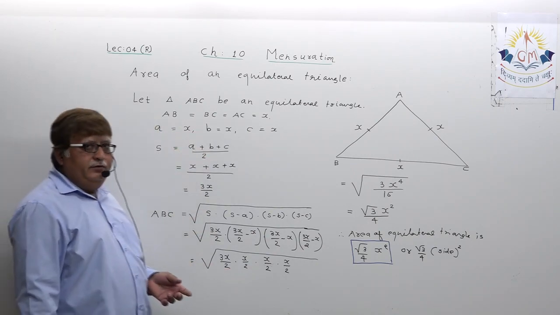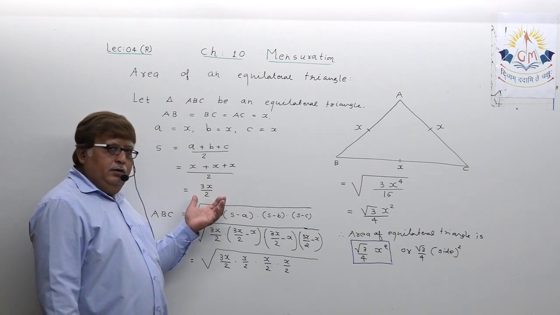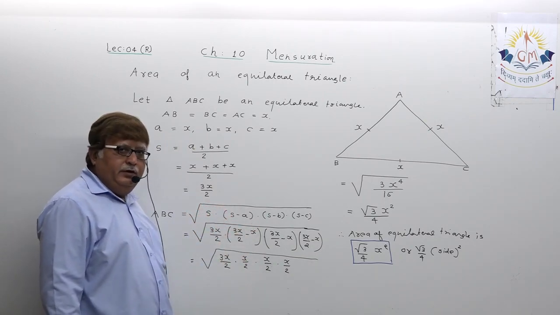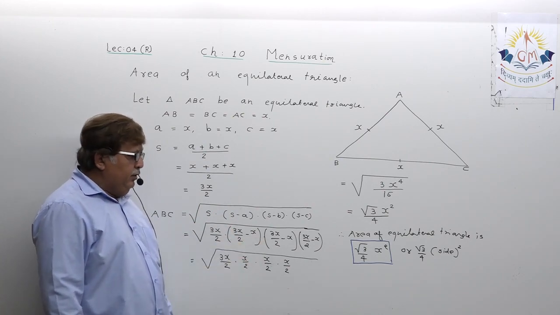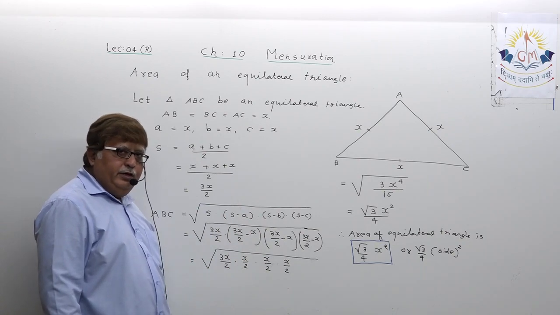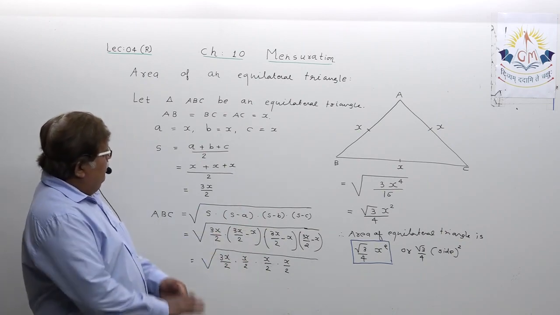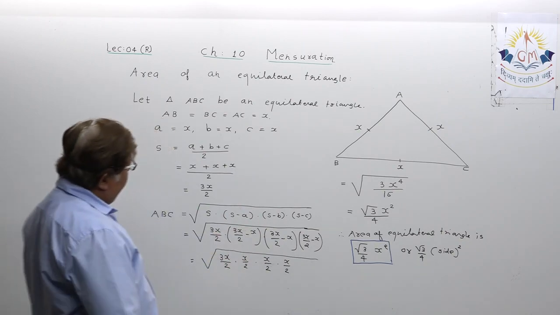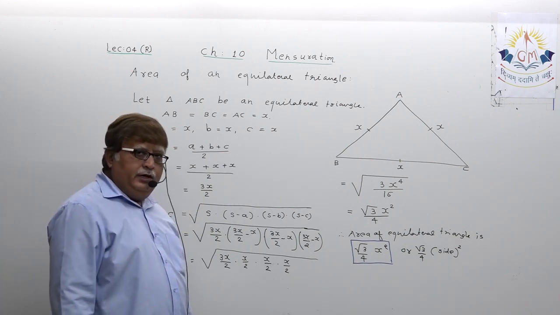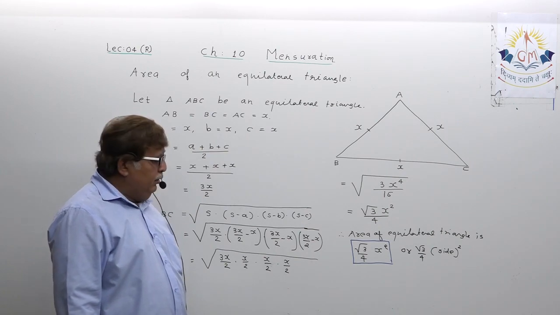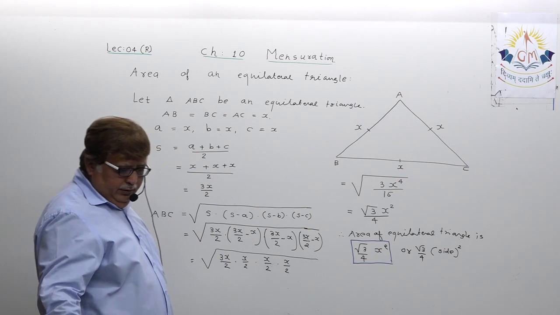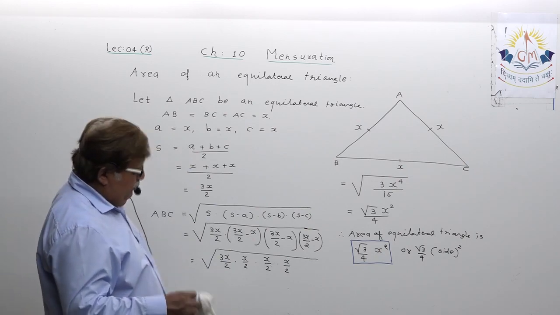Supposing all sides as x, finding semi-perimeter and then finding the area as usual, you need to be a little watchful how to do the steps here. So I think you must have got the idea about how you can derive the formula of an equilateral triangle.